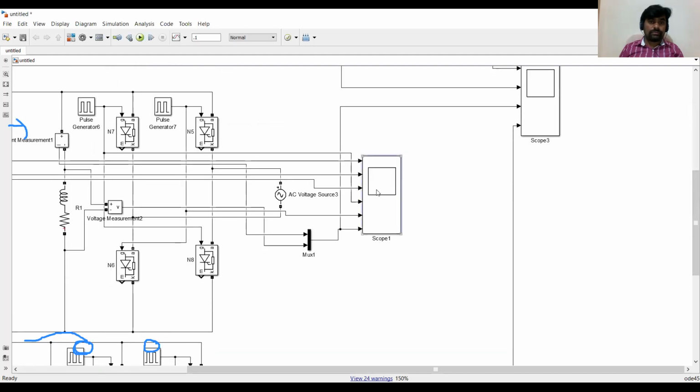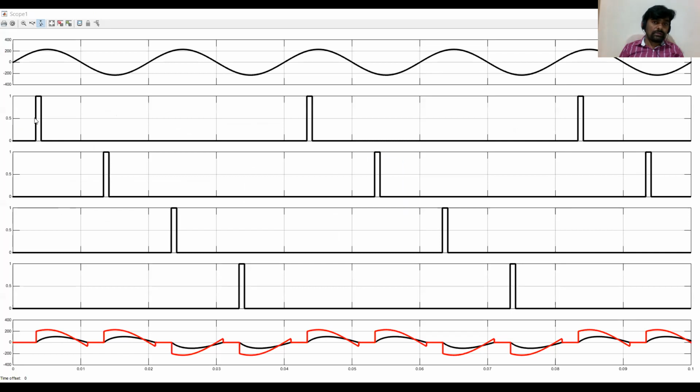So this wave shape will give the values at alpha 60. So this is 60 and the load is inductive load. Because of that, you are getting this negative and the current is lagging the voltage by some angle.